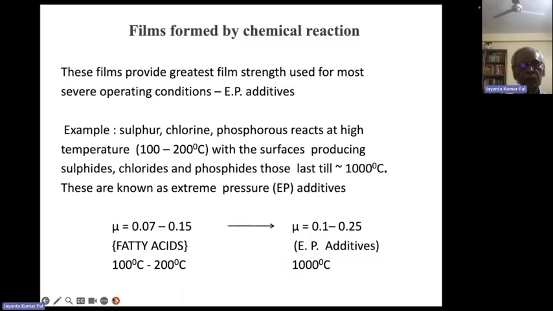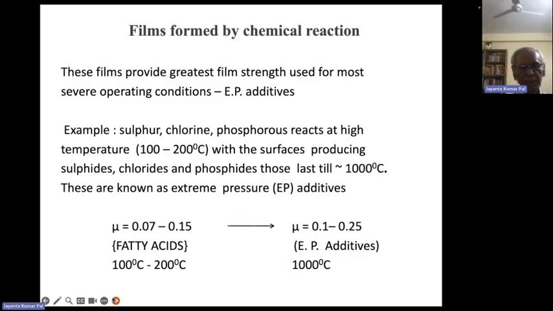Now we come to films formed by chemical reactions. Just to remind you that all these films come under boundary lubrication. Now these films provide greater film strength compared to the other films that we described, and are used for the most severe operating conditions, and they are usually known as EP additives.